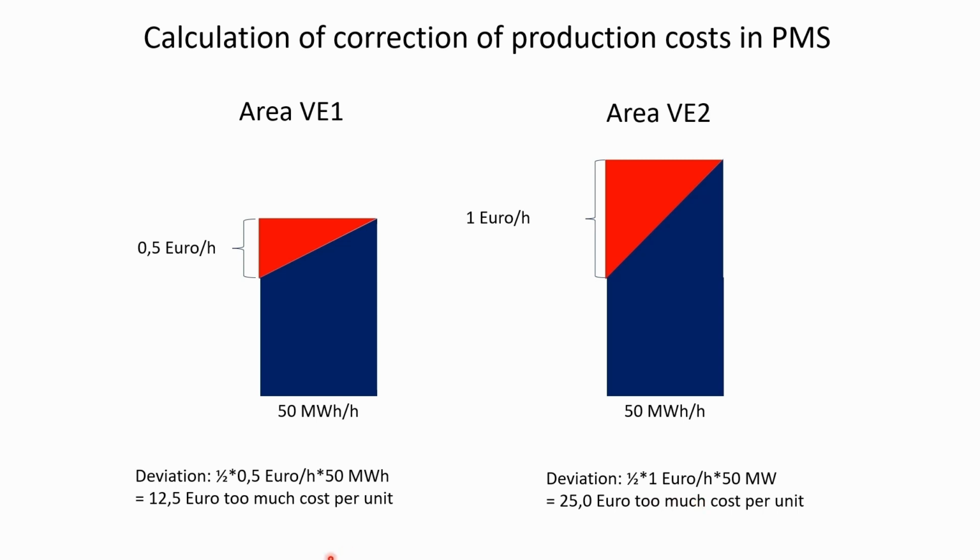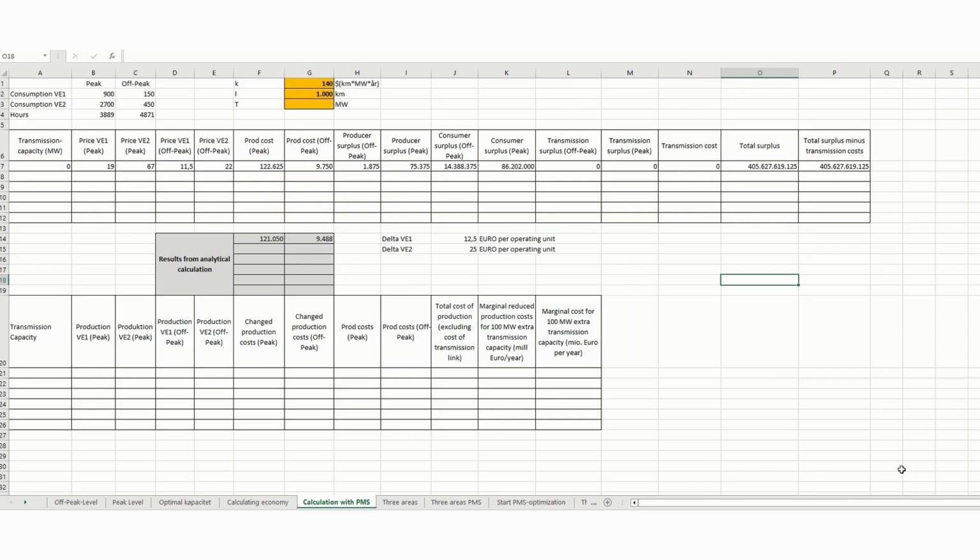Now we'll go back to our Excel sheet and make this correction. We are now back in the Excel sheet, and we want to correct these values because they have overrated the production cost.